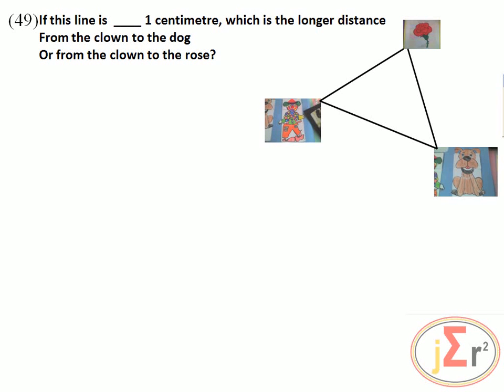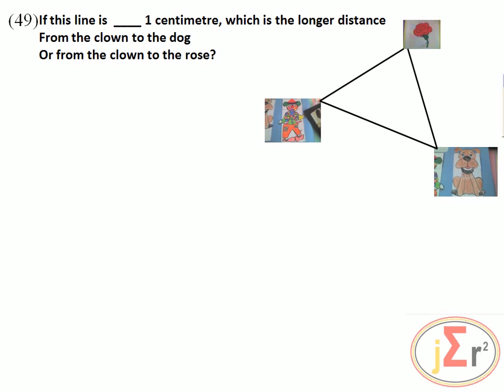If this line is 1 centimeter, which is the longer distance, from the clown to the dog or from the clown to the rose? The clown. And the clown to the dog.